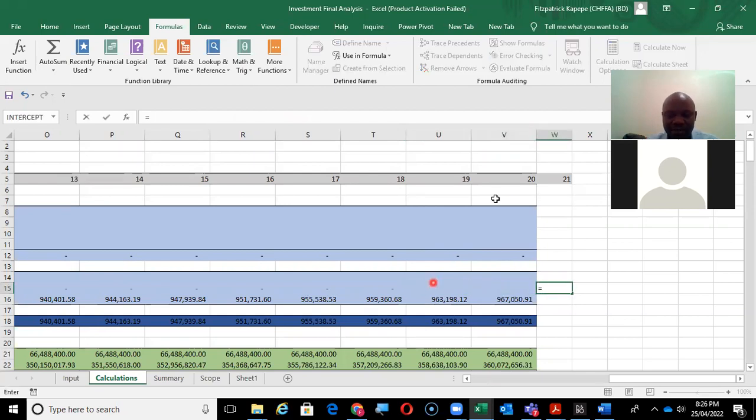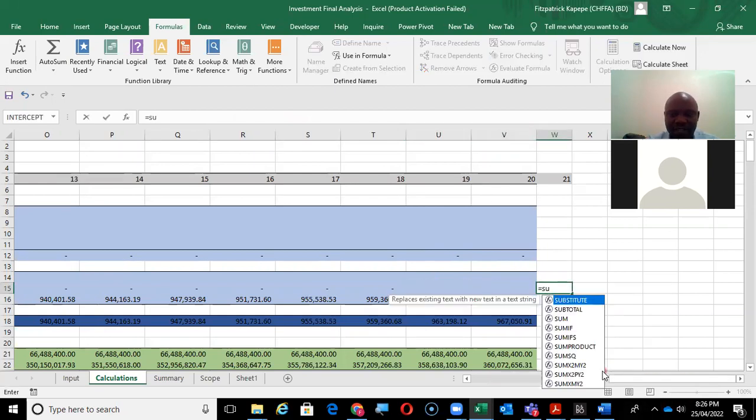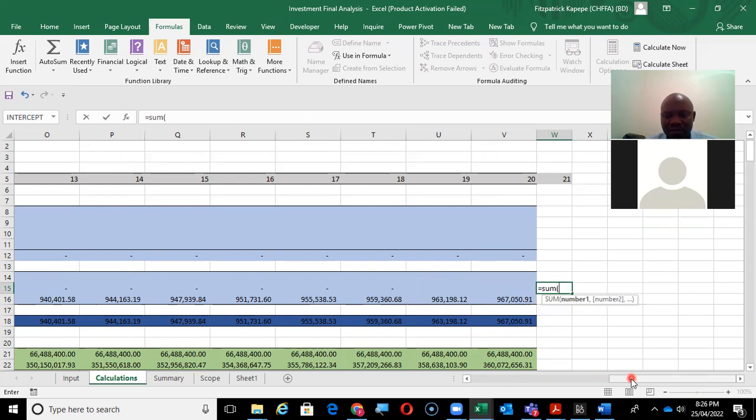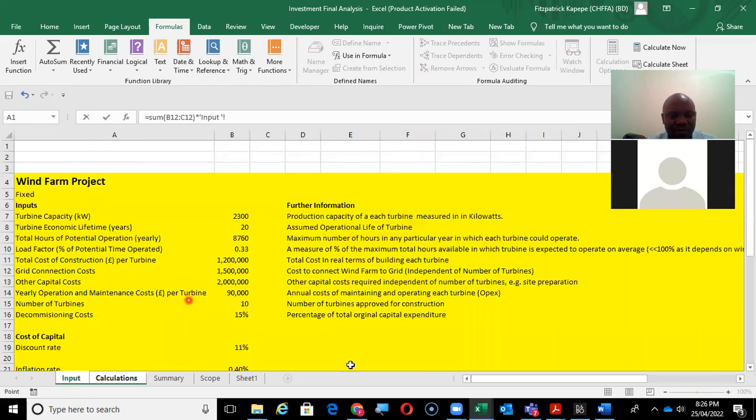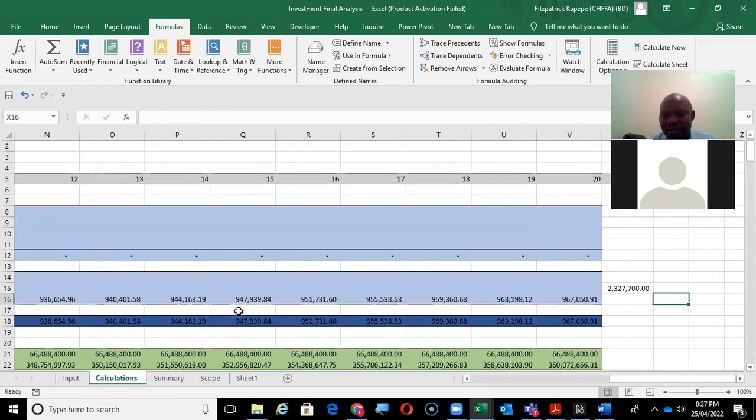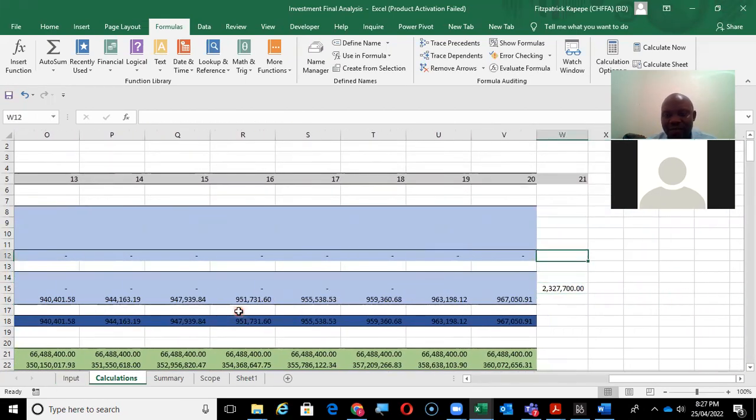I'll bring it here and do this. Carry all these costs and do that and get the 15%. But then while I'm here, I can still say, this is the end of 20th.